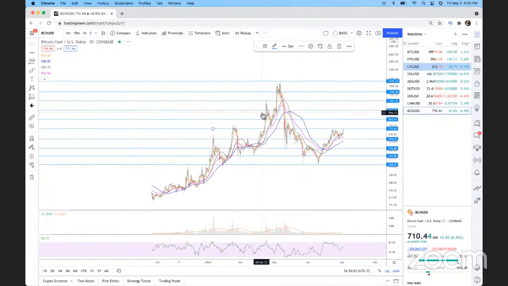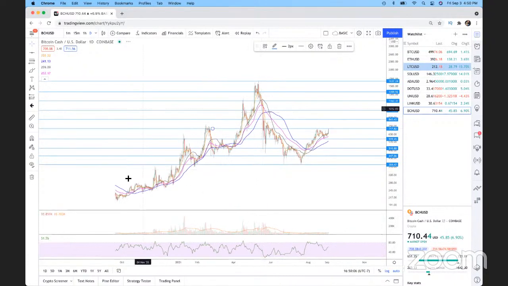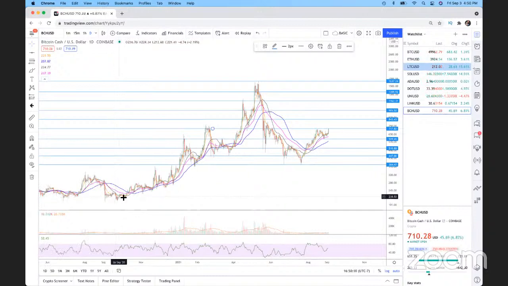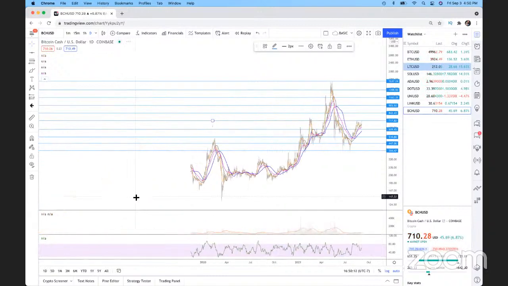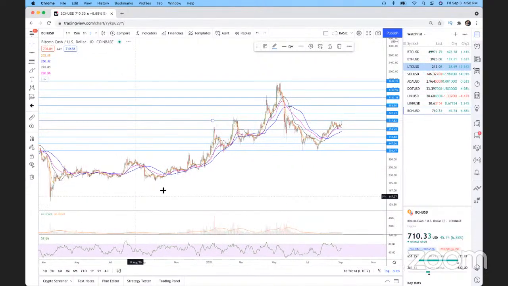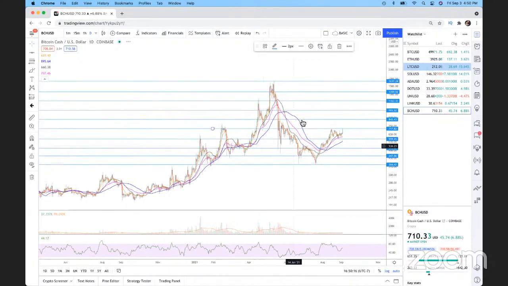And if we look at the whole structure of the chart, this is a recent coin. Anyway, it's trending in a way because it's making higher highs and higher lows despite this steep pullback.